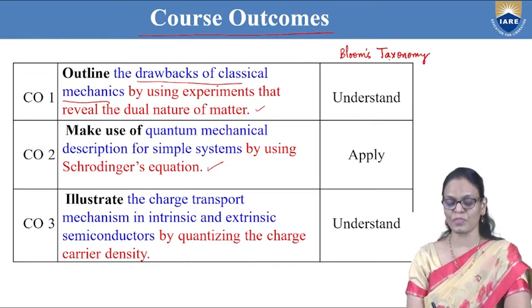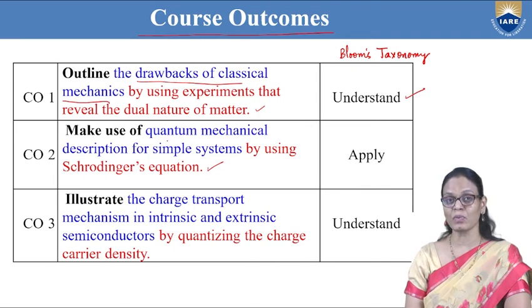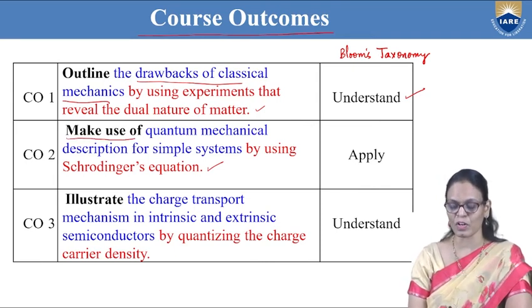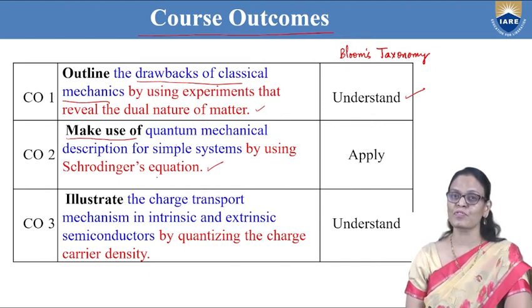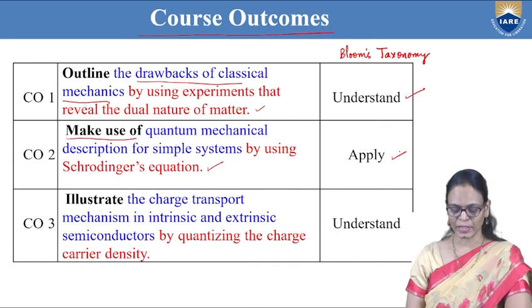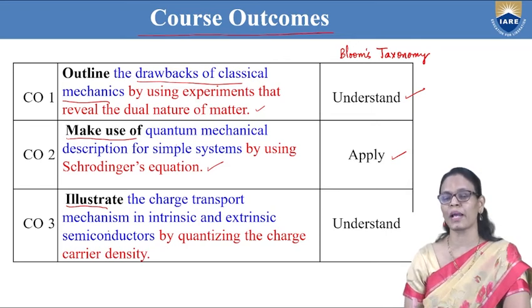In the first CO, they are just outlining the drawbacks, which means it is at the understanding level. In the second outcome, they are making use of these descriptions and applying them with the help of the Schrodinger wave equation, so we call it the apply level. And the third one is illustrating the charge transport mechanism, how it is happening, they are able to explain, so it is again at the understand level.